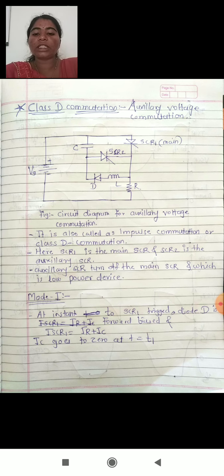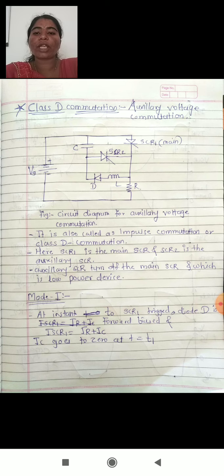Mode 1 starts from T0 to T1, and at instant T0 SCR1 gets triggered and the diode is also in conducting condition. Now see, when the supply voltage is given, the anode of SCR1, the main SCR, is connected to the positive of the supply and the cathode to the negative of the supply, so SCR1 turns on.